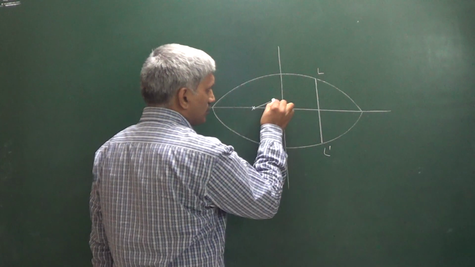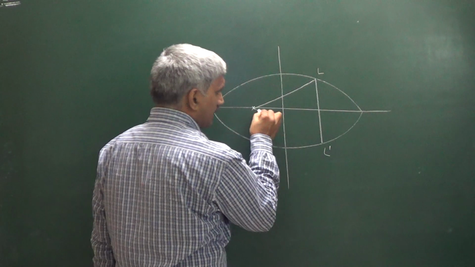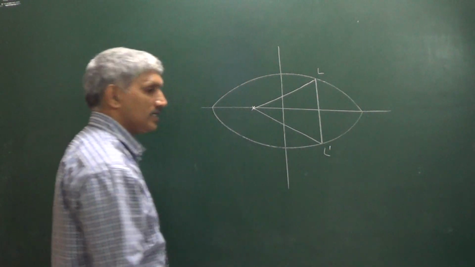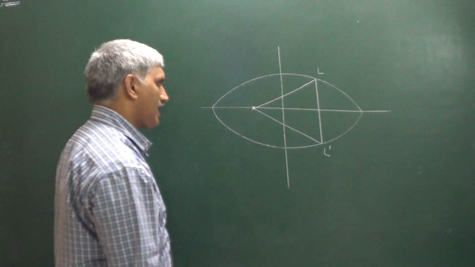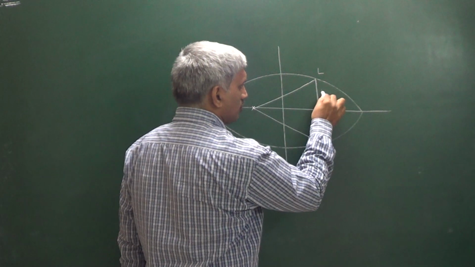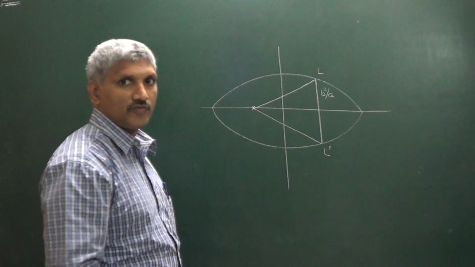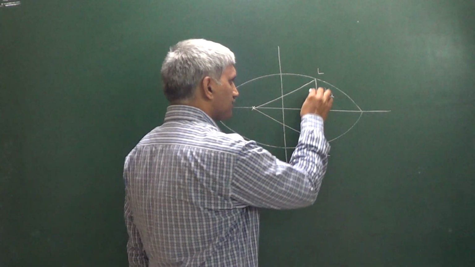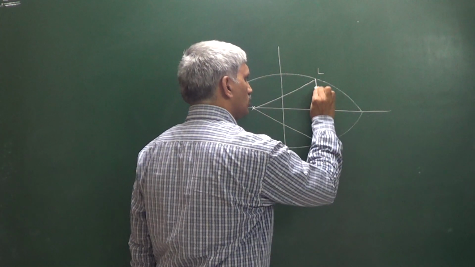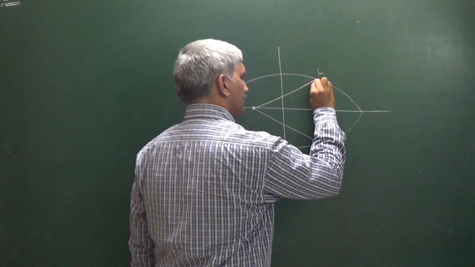So when this triangle is an equilateral triangle, this distance is equal to b square by a, the length of the semi-latus rectum.